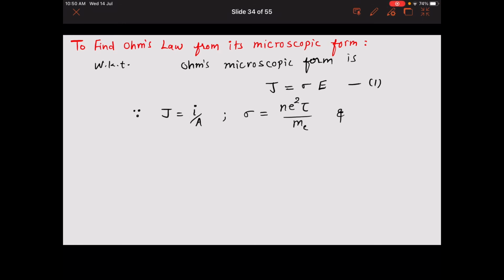Since J equals I by A, sigma equals n e square tau by me and E equals V by L, replacing all these values in equation 1, we get I by A equals n e square tau V upon me L.